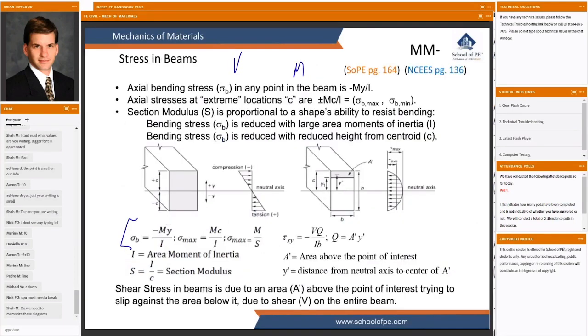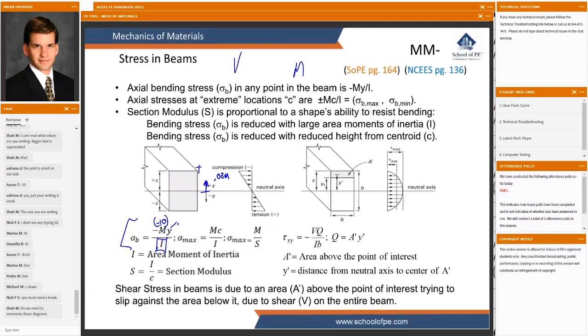If the moment value is -10, for a beam of a given cross-sectional shape, we can find the I value, and as we travel from the neutral axis up some distance y, we're going to end up with a tensile stress or a positive value. So let's say we travel up a distance y of, I don't know, 0.03 meters.